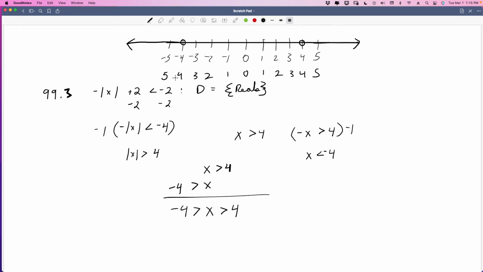And the reason for that is because of the absolute value. That is how you would graph that absolute value is greater than 4, because 5s are greater than 4. So it's a little bit tricky, but that is what you are doing. And this really is hard to understand, but that's how you would write a disjunction of x.